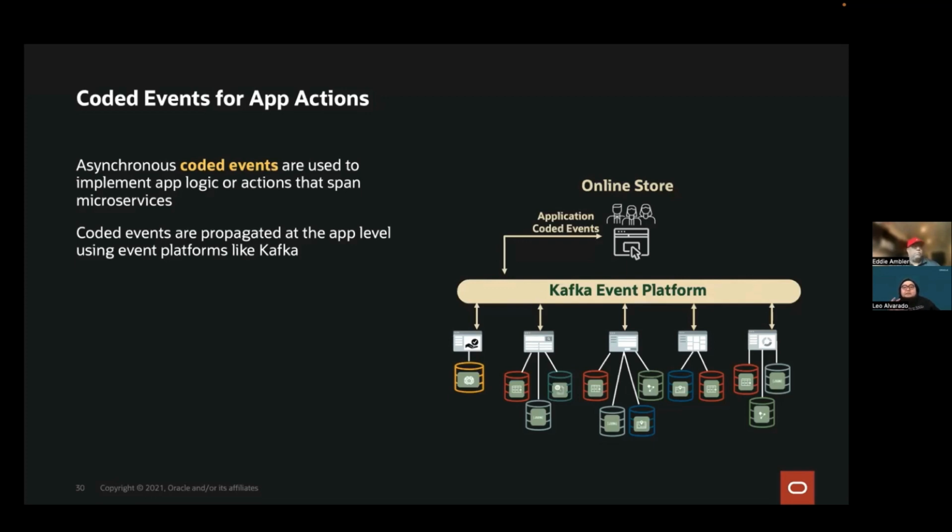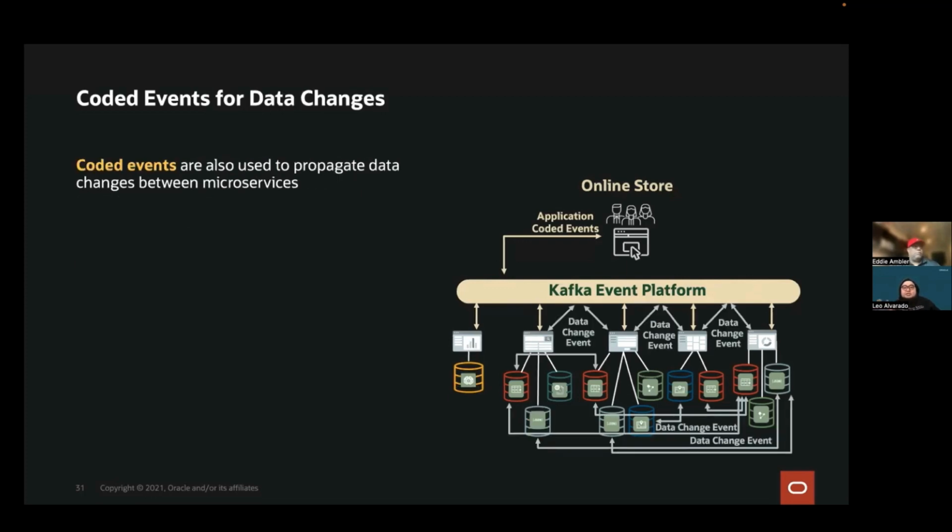Then for coded events for data changes, it is imperative also to notice that two operations are involved in event sourcing. So first is the data change being made and the communication event for that data change.